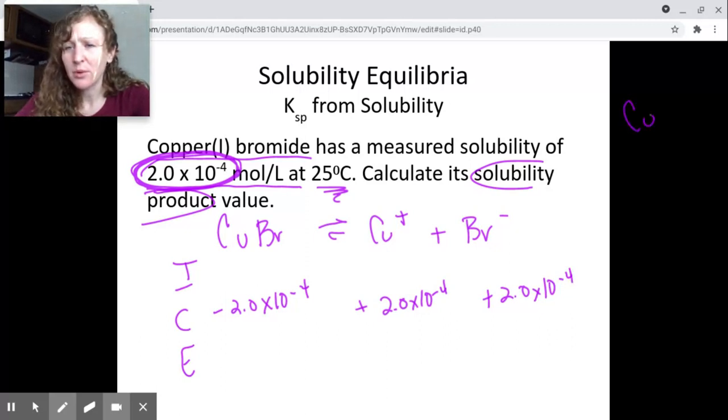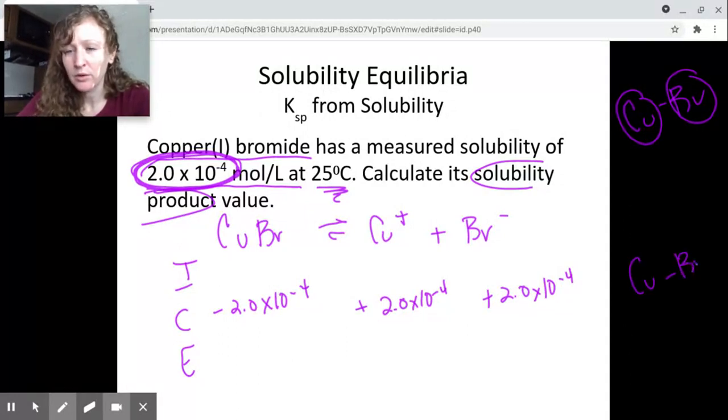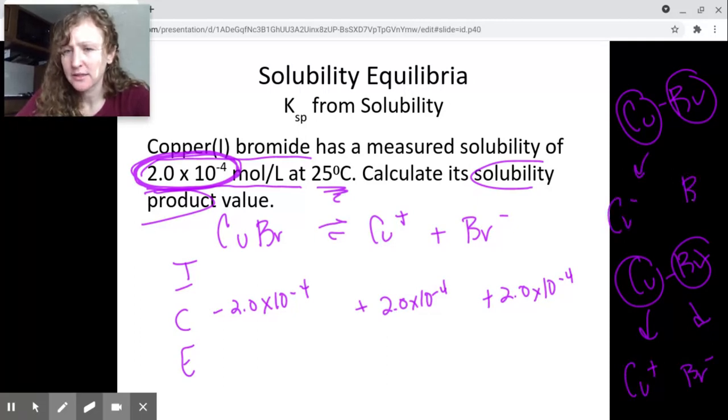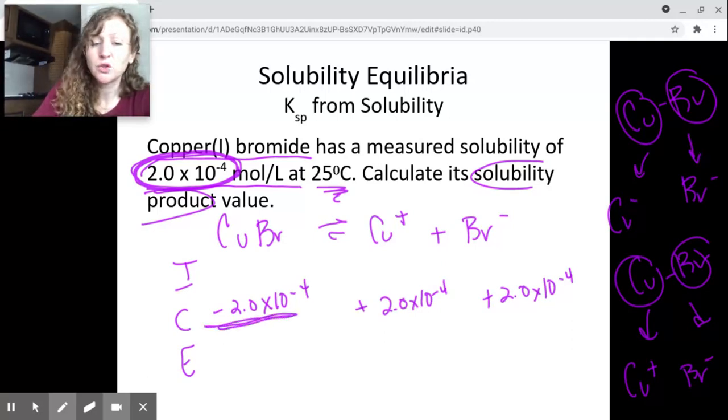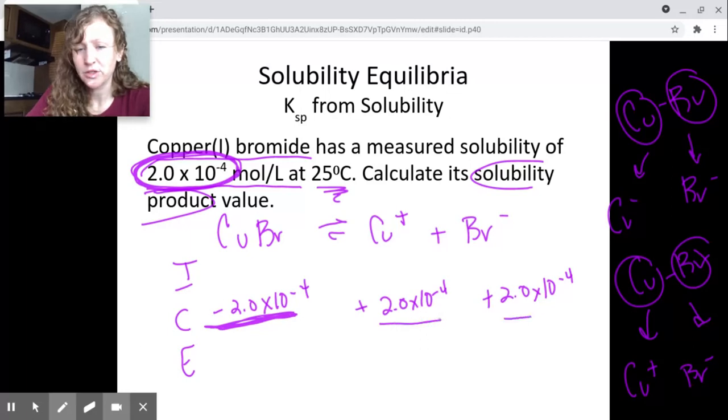If I have a copper bromide molecule, let's say I have 2 of them, and they dissolve, I'm going to get copper ions and bromide ions. So if I dissolve 2 copper bromide, I'm going to get 2 coppers and 2 bromides.